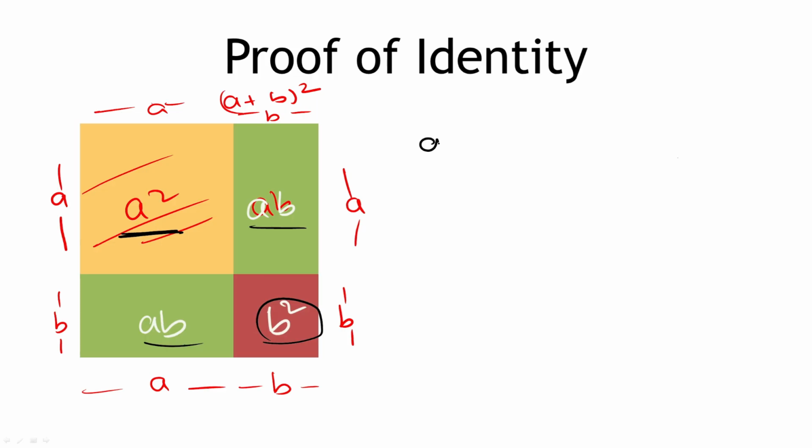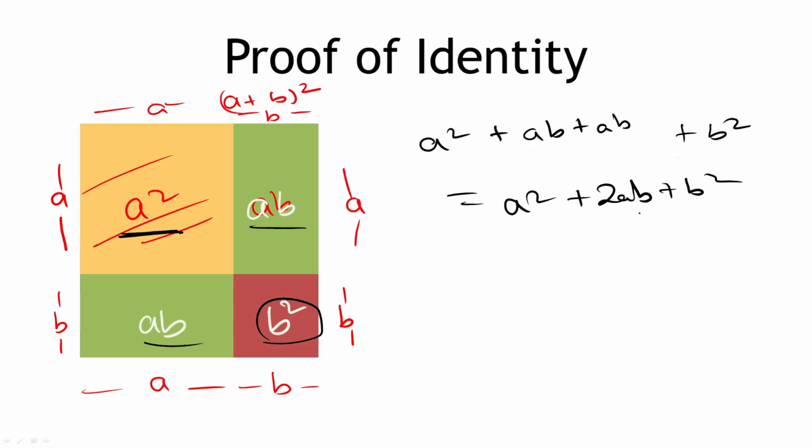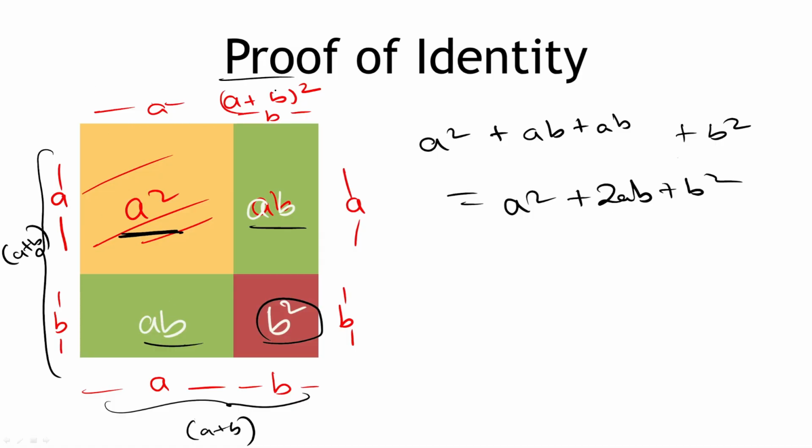When we add these, we again get the same formula of a square plus 2ab plus b square, and this is a square since each length is a plus b. This length is also a plus b. So we have just found the area. Now we have proved this identity geometrically.